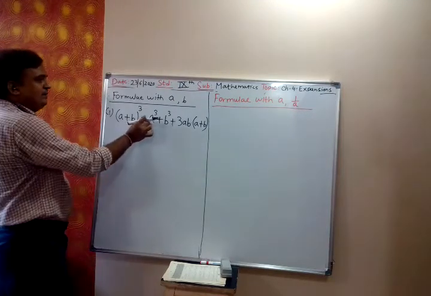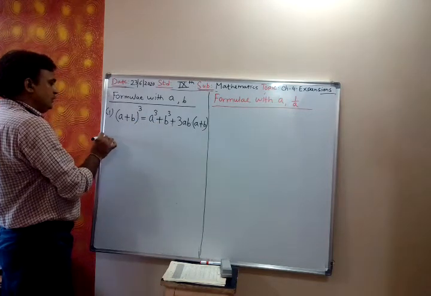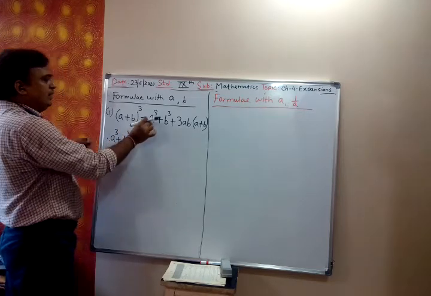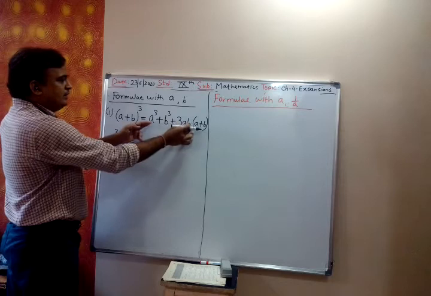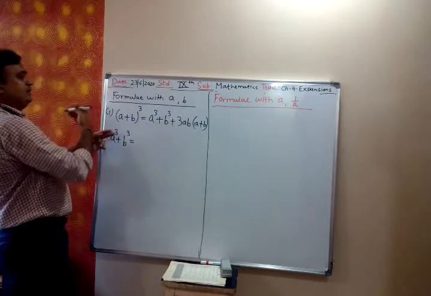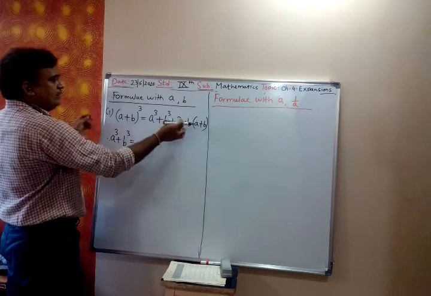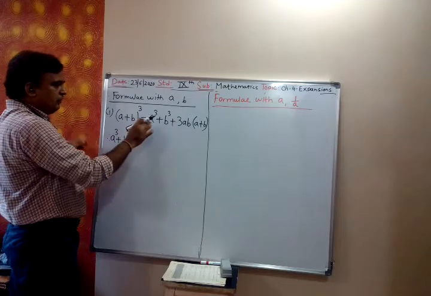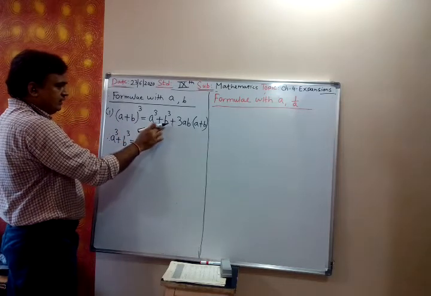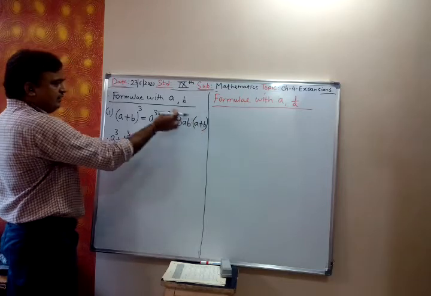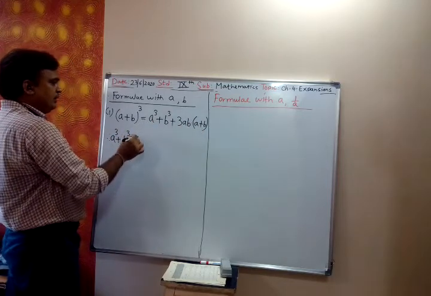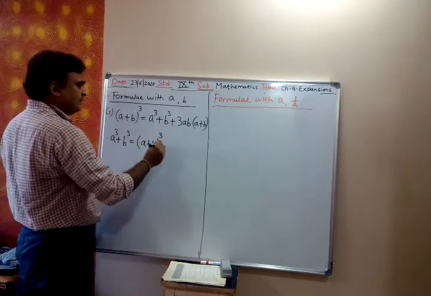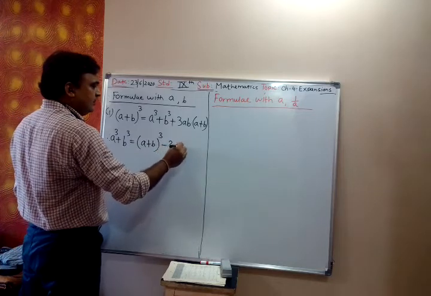So from this we derive the value of a cube plus b cube. I will take the 3ab into a plus b term on the other side. So a cube plus b cube will be a plus b whole cube minus 3ab into a plus b.